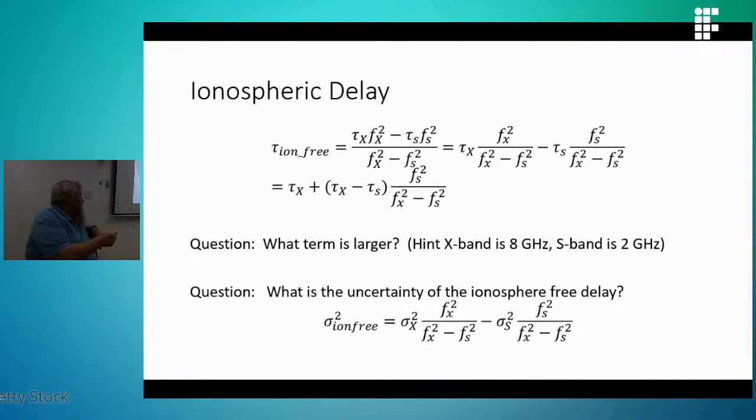Here is what the ionosphere delay measurement error is. So I have a contribution from X-band, I have a contribution from S-band, but the largest contribution is from the X-band because of that factor there, the f_X squared over that. This factor there is about a 15th, that first one. So one lesson to this is that errors in S-band are not as important as errors in X-band.